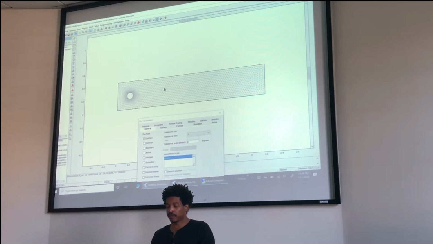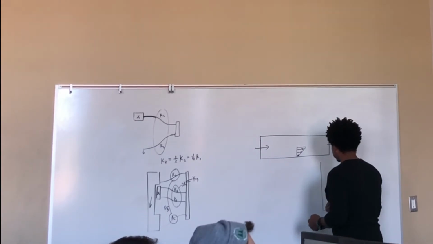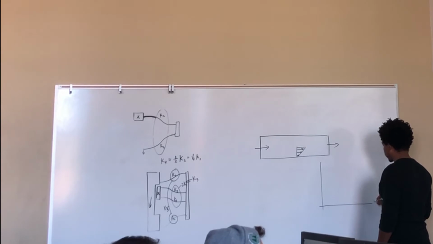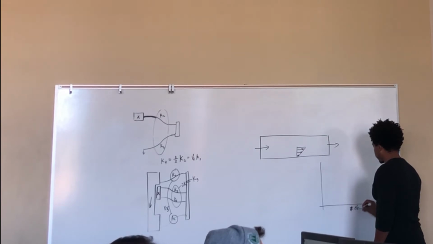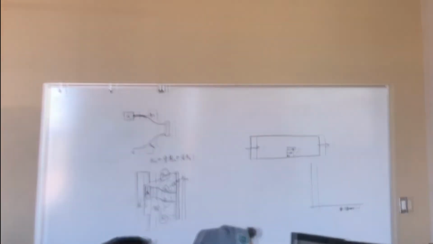And you can define your own mesh. Now, meshing in COMSOL or any kind of FEA tool, it's an art. It really is. And let me give you sort of a quick idea of what I mean. So, for example, if you were plotting the number of elements here, and what I mean by elements, I mean all these little things right here are elements.